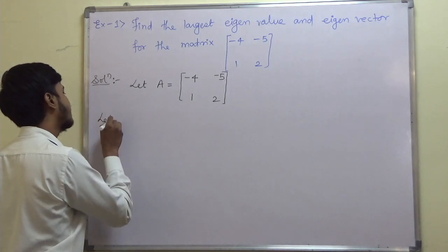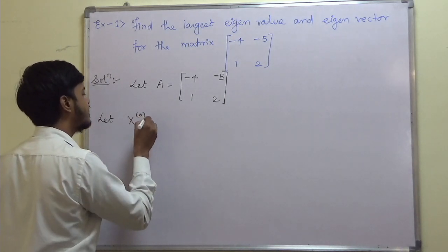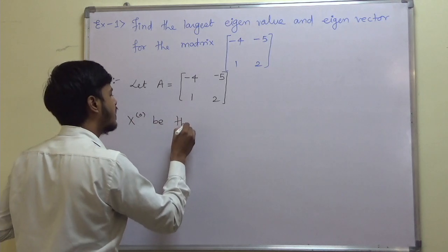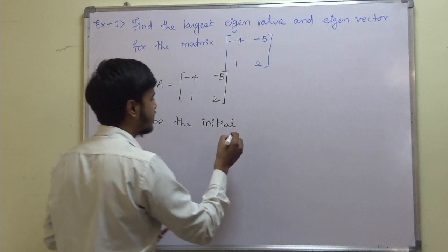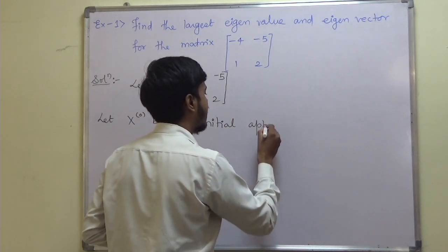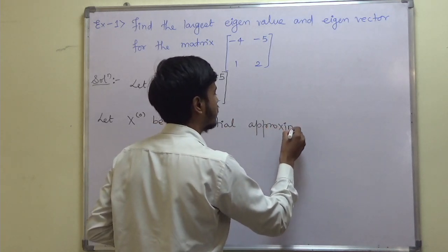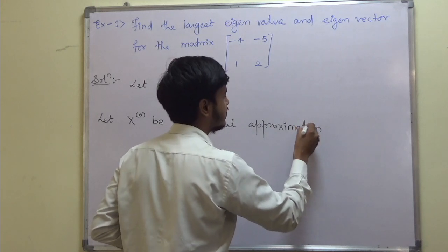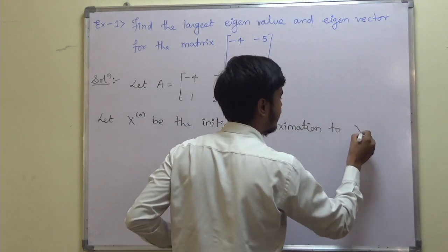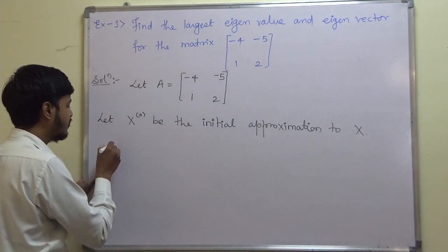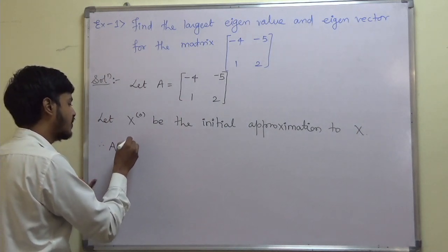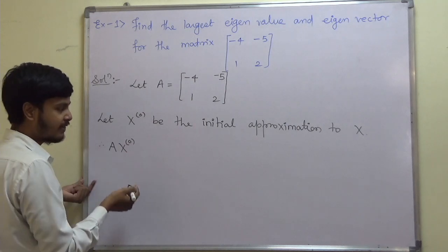So you can write, let x0 be the initial approximation to eigenvector x. Okay, therefore what we can do, we can find out the values, or we can operate matrix on the vector x0.